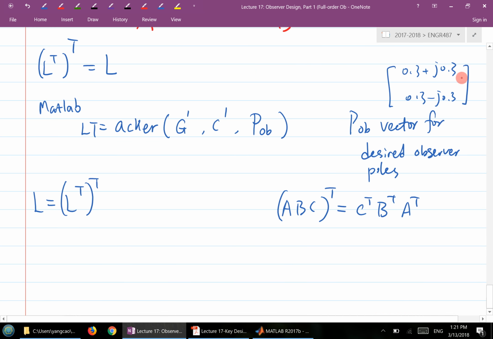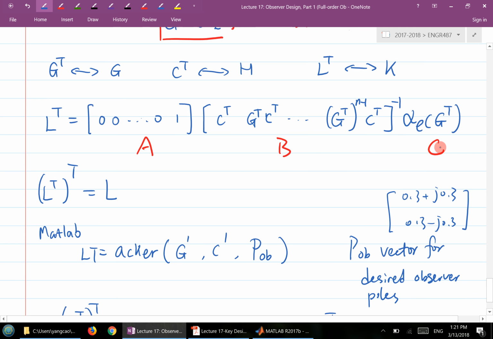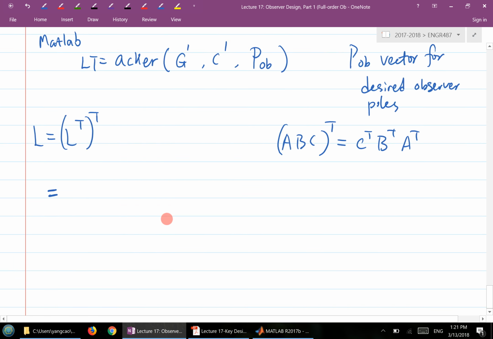All you need to do for hand calculation is, for L, you get C transpose here. And the C transpose is actually equal to alpha e of G. So originally you have G transpose, and the C transpose just becomes alpha e of G in here.